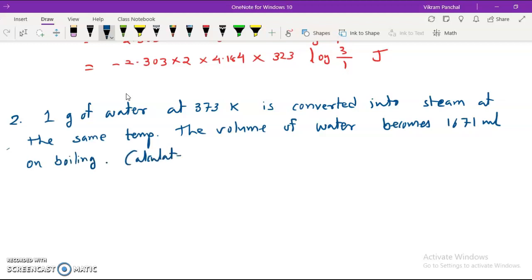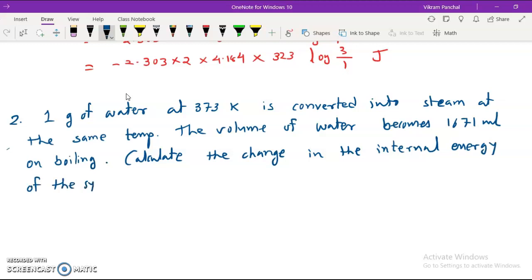Calculate the change in the internal energy of the system if the heat of vaporization is 540 calorie per gram.